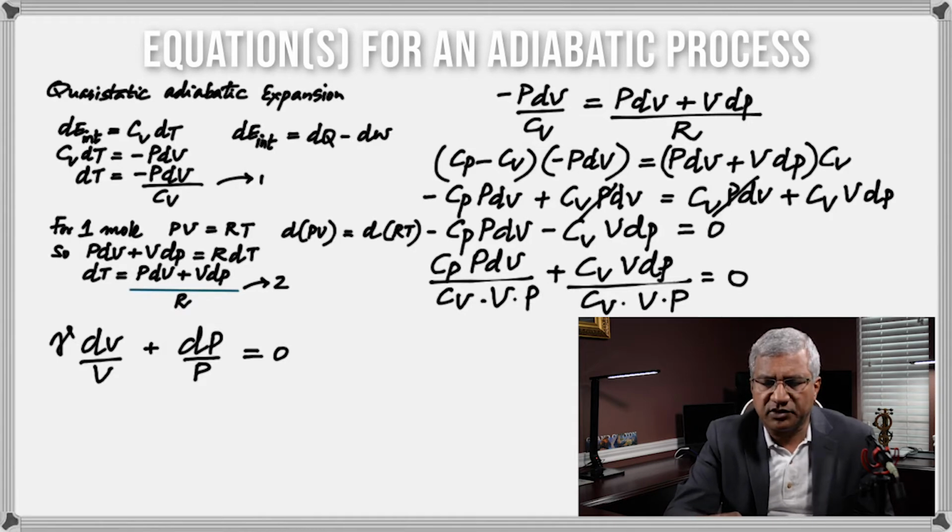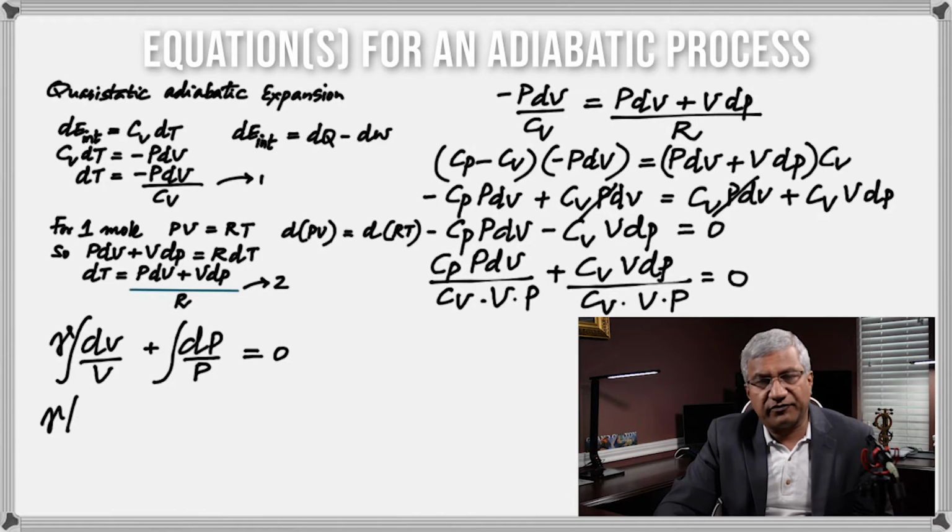So that makes this quantity Cp by Cv, that's gamma. And then the pressure cancels off and you have dV by V. Here the Cvs cancel off, the volumes cancel off, and you have dP by P. So that's why we end up with this relation.